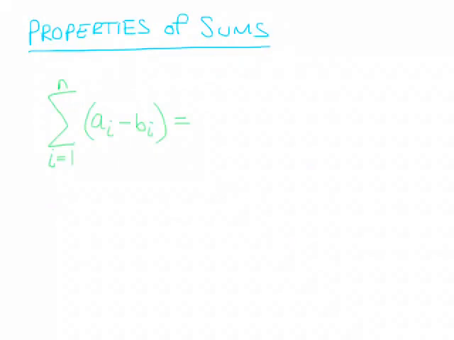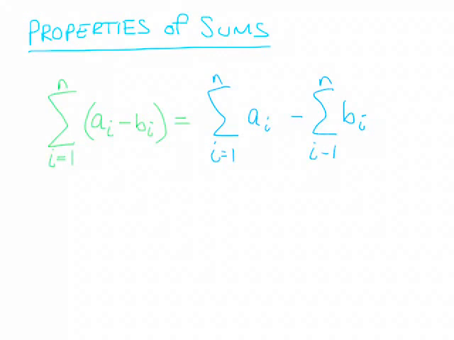If we were to do this with a subtraction, I think you can see the same thing would occur. Let's just write it out real quick here. We can take and subtract two separate pieces.